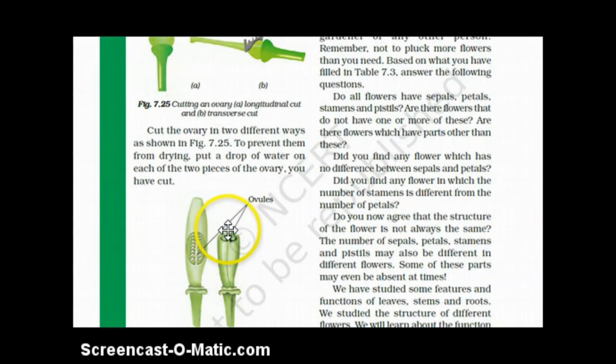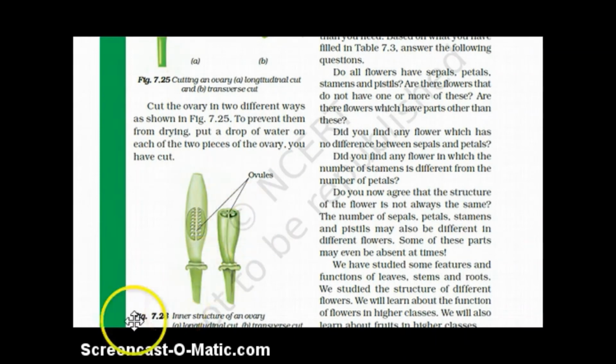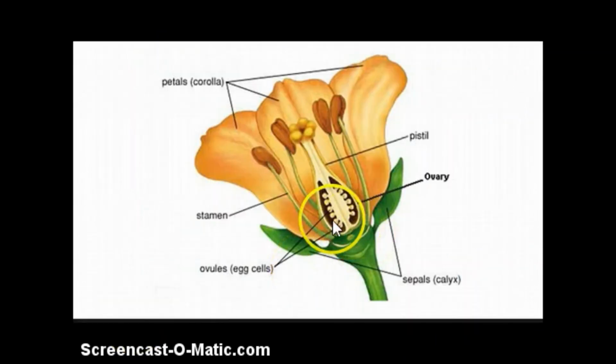A circular structure divided into different parts where ovules are there. So when you will observe the ovary by cutting it vertically or in the longitudinal section, what you will observe? There is a central column, and on both sides of it ovules are there. Ovules or egg cells are there.